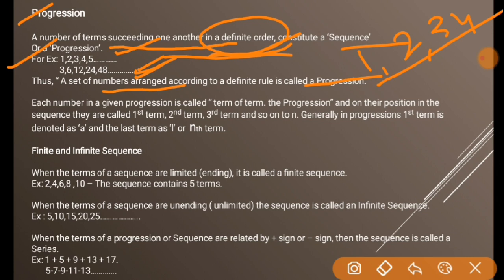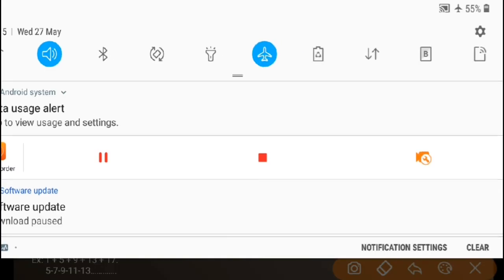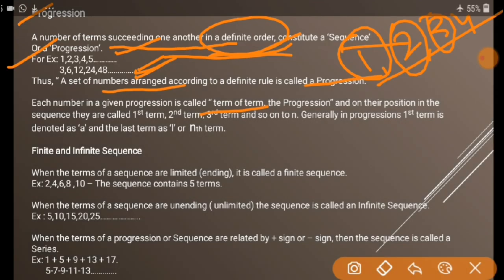Each number in a given progression is called a term. Like if we are considering 1 to 3, each of these is termed a term.